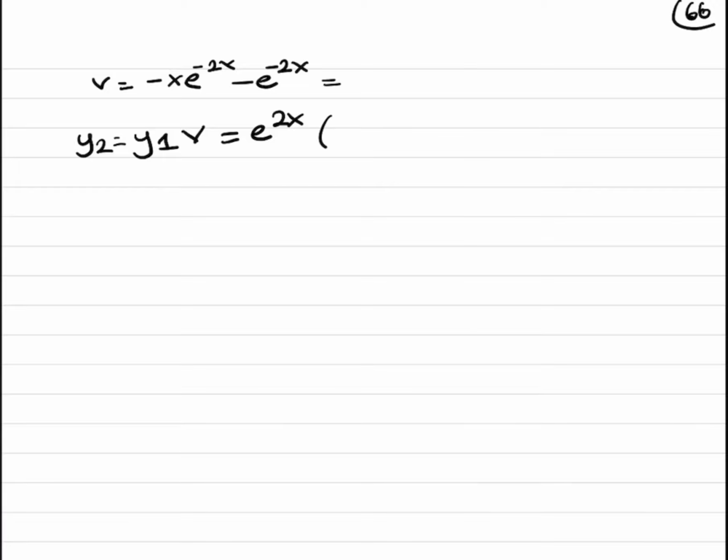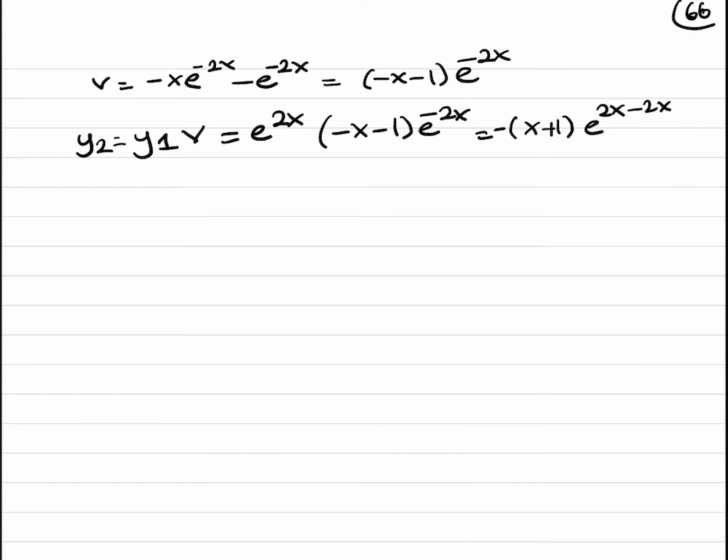Maybe I will write it like this, minus x minus 1 times e to the power minus 2x. So what we have, minus x plus 1 times e to the power 2x minus 2x. So this is e to the power 0, which is 1. It is minus x plus 1. Great. So we find something nice. So y2 is minus x plus 1 and y1 is equal to e to the power 2x.